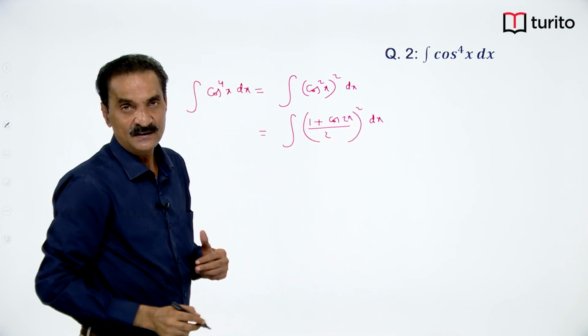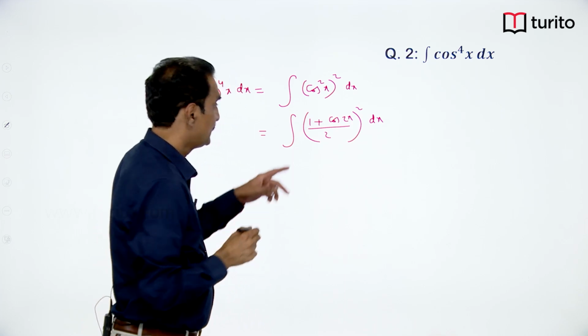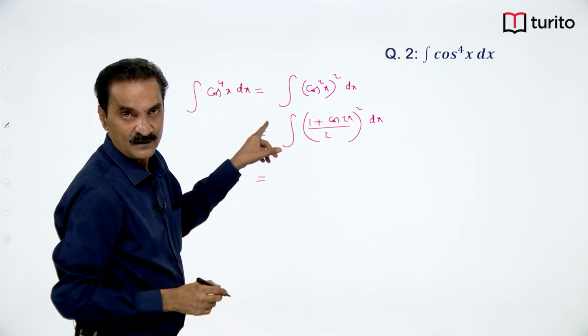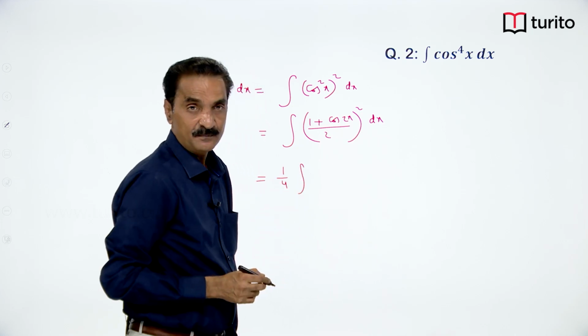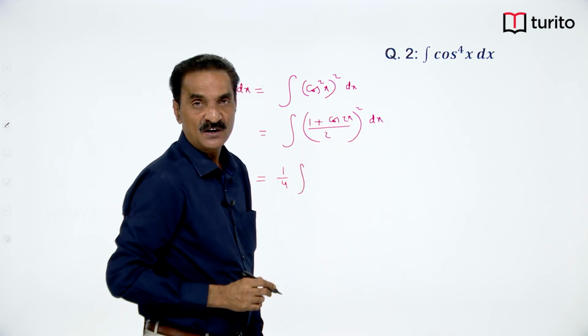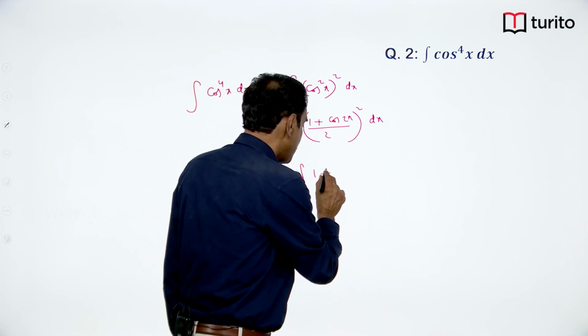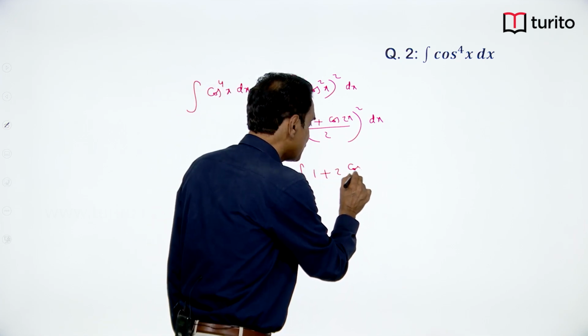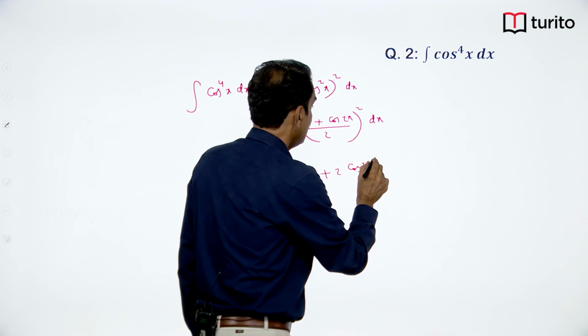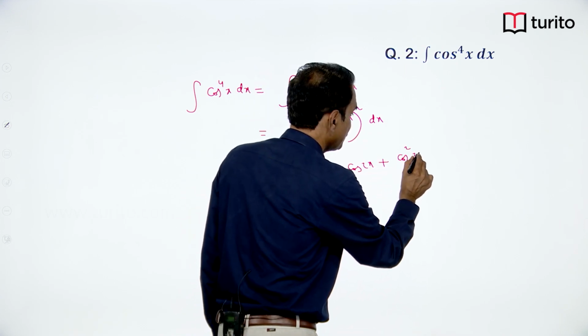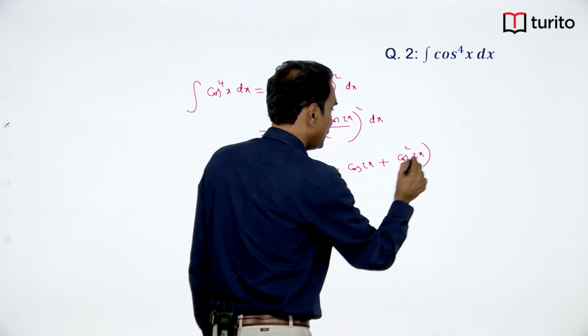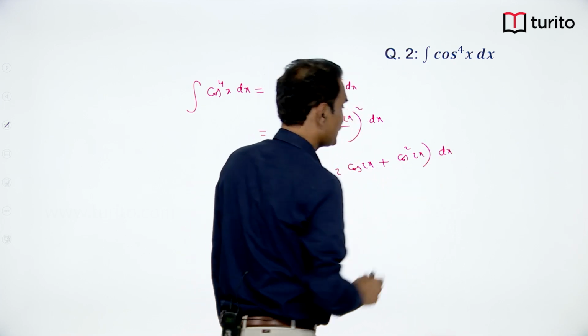Now by expanding, we get, take 1 by 4 common, 1 by 4 into the integral, expansion of 1 plus cos 2x whole square is 1 plus 2 cos 2x plus cos square 2x, dx.